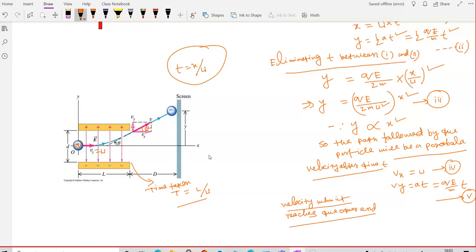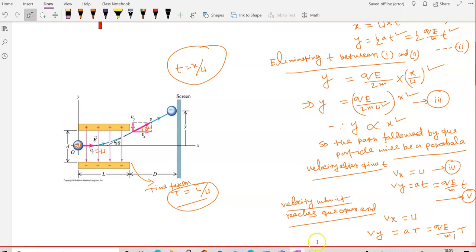It started from this end, then at the extreme point, to find the velocity, I need the help of this time. The time it takes to cover this path is L by u. So Vx is not affected at all. This will remain u. But Vy is going to be changed. Vy will be A into capital T. This is QE by M into capital T.